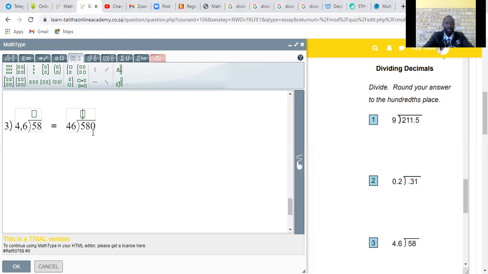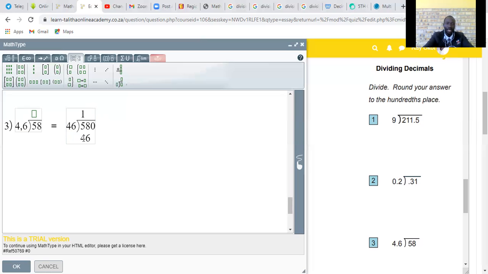We can take the whole of 580, or we can simply take 58 and find out what happens. That is, how many times will 46 enter into 58? It will enter once. And 1 times 46 is 46.